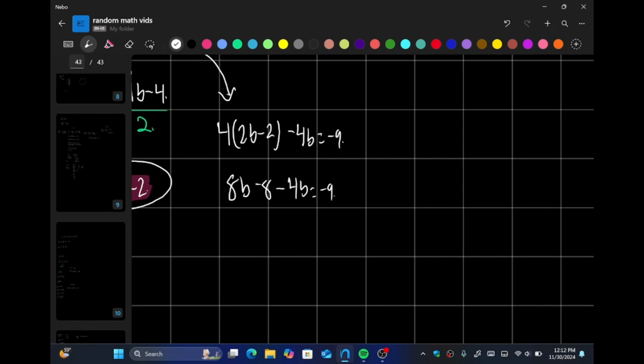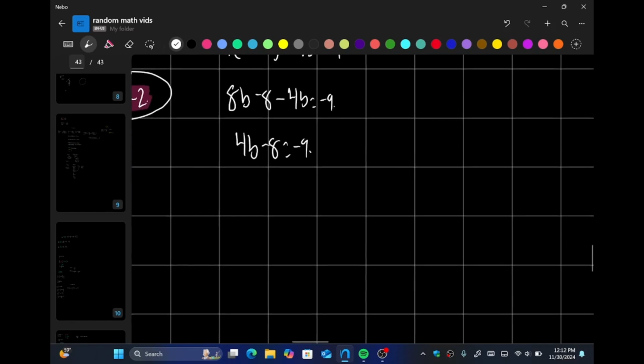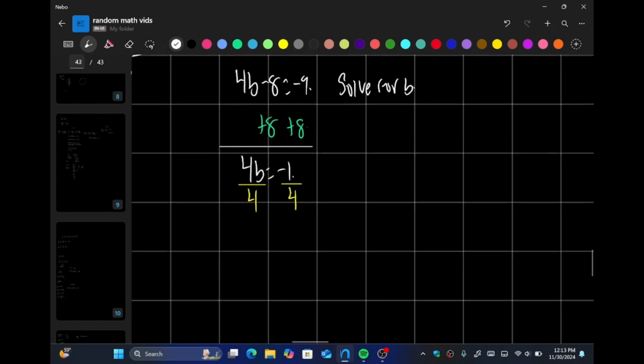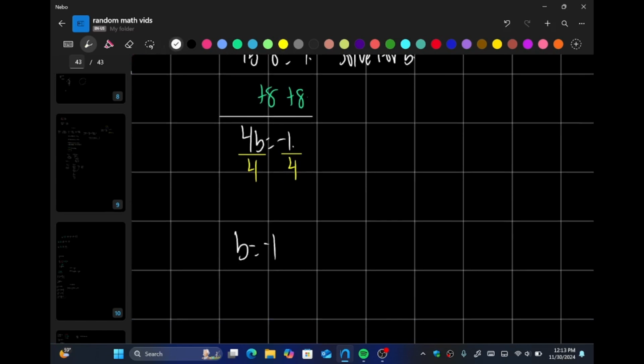So just combining like terms, we get 4b minus 8 equals negative 9. So solve for b. Add 8 to both sides. We get 4b is negative 1. Divide by 4 on both sides. We get b is negative 1/4.